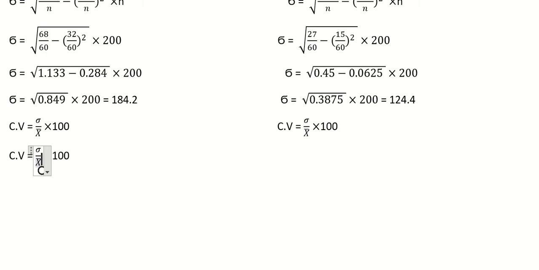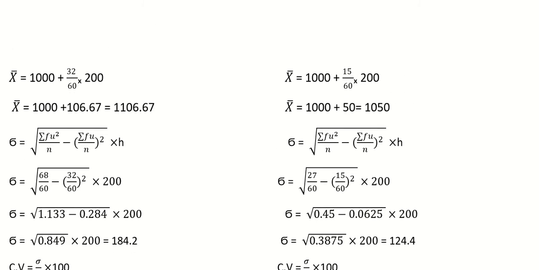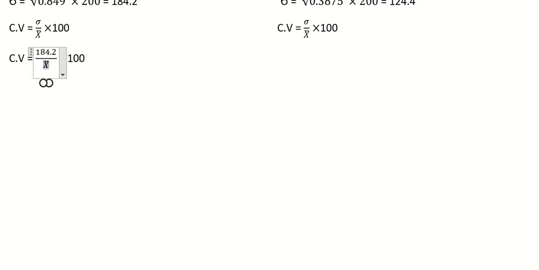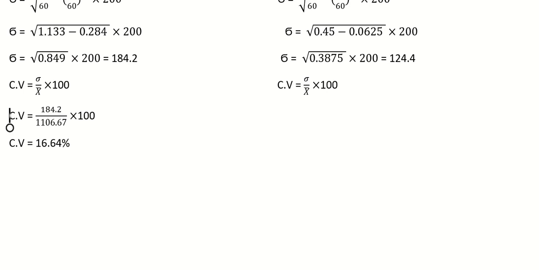The standard deviation here is 184.2 divided by mean. We calculated mean was 1106.67, into 100. So ultimately the CV of company A is 16.64 percent. And a similar thing we'll apply for company B.